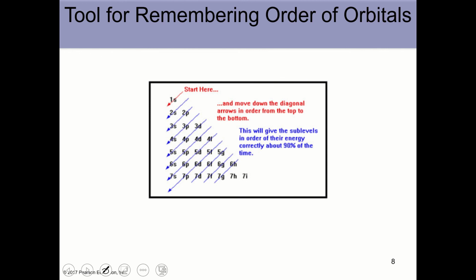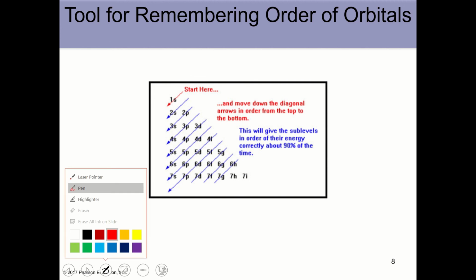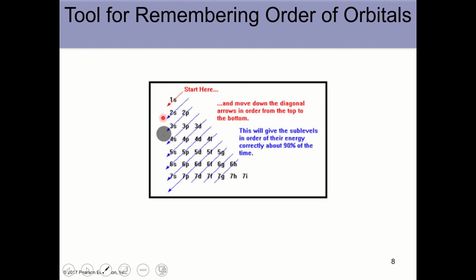So we have 1s to 2s to 2p to 3s, and from 3s to 3p and 4s, and then you go back over diagonal 3d, 4p, 5s, etc. And you're never going to get up to 7f. I'm pretty sure we don't even use 7f like ever. So there are extra orbitals on here at this corner that you're not going to be using.